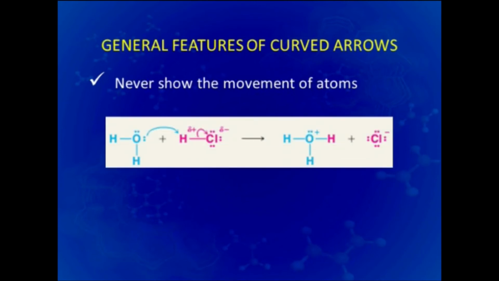It is only the flow of electrons, as in this example, where the electron pair from oxygen moves to this proton, and in turn takes away this proton, giving rise to the positive species H3O plus and Cl minus. So, this is the way we use curved arrows.